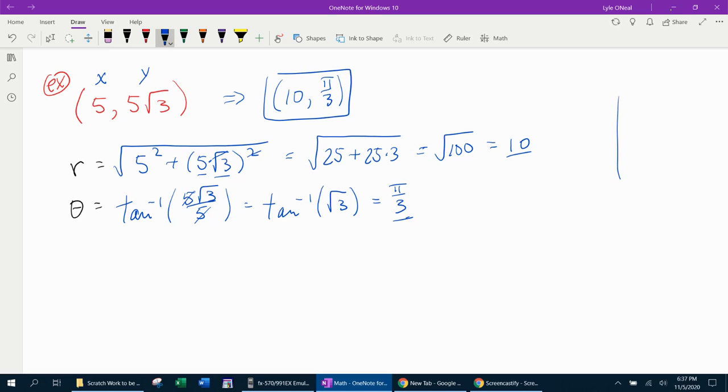Hey, and don't forget about checking to make sure you feel good about your answer by plotting the points. A positive x and a positive y would be in quadrant 1. And pi over 3 is also a quadrant 1 angle, and the radius is positive. So we feel good about that answer.